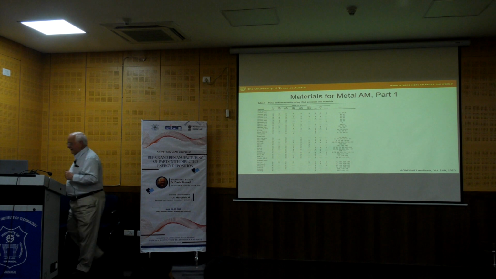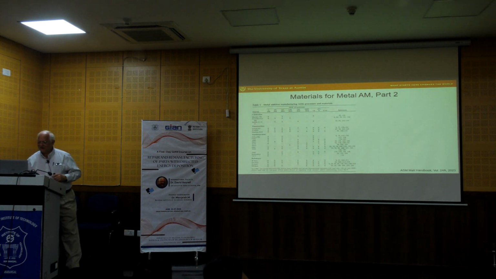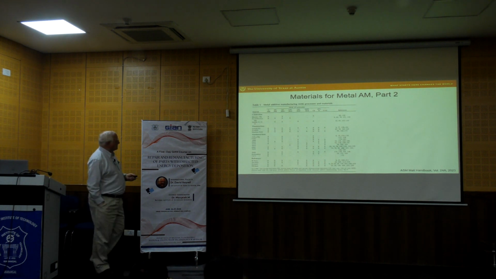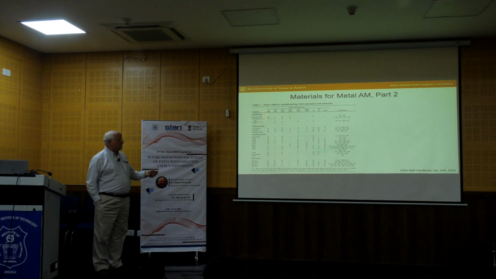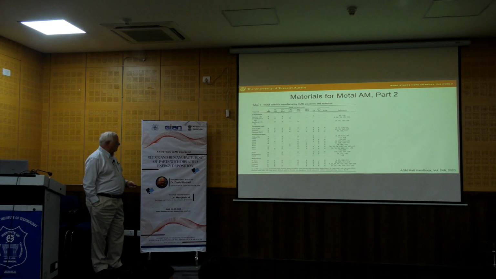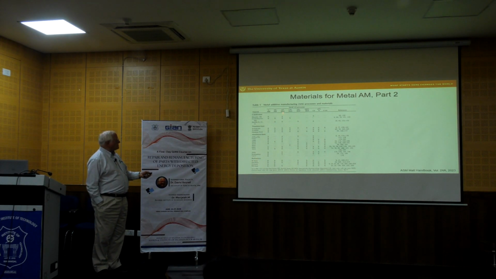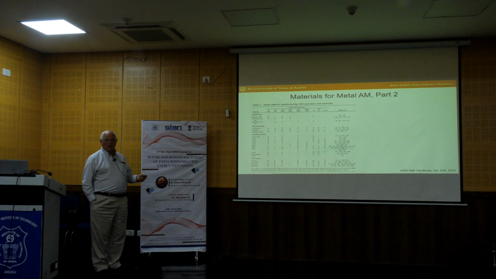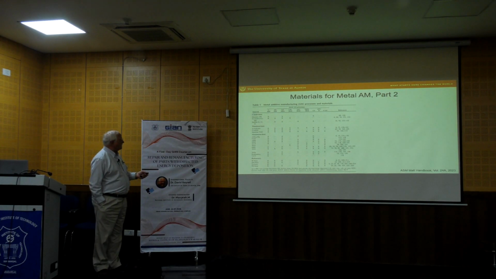I think I have maybe the second page here. Yes, here's part 2. Cobalt-based materials, titanium-based, aluminum, and the refractory materials. And again, we see that the preponderance of materials can be done at least with laser-based DED. Here's the electron beam DED here.